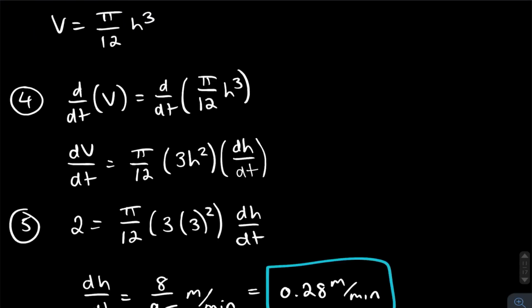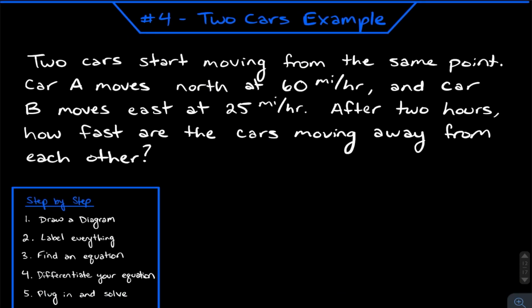If you're at the bottom of the cone, the radius is going to be 0, because the tip of the cone is a point. And as you go up in this case, because it's upside down, that radius is going to increase. But really, it's the same thing here. We just followed that same 5-step process, and that's exactly what we're going to do for the rest of the video.